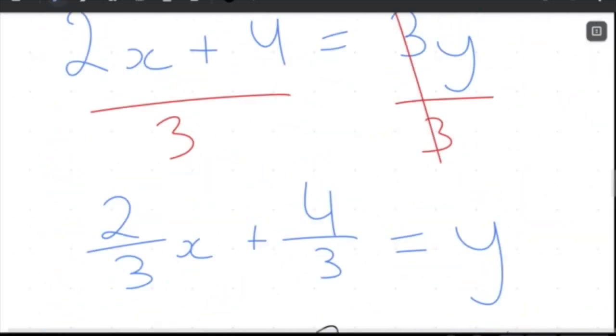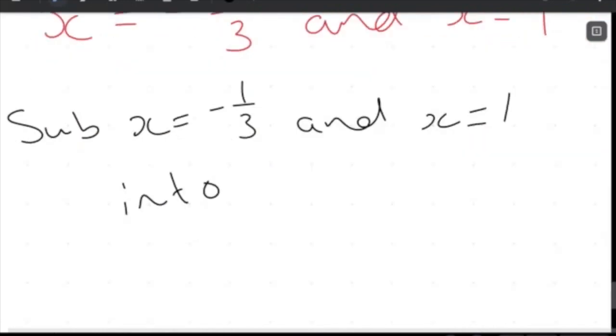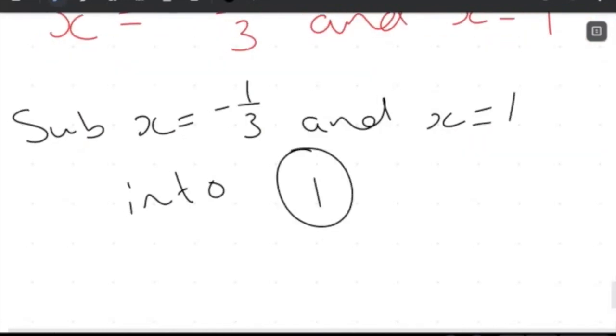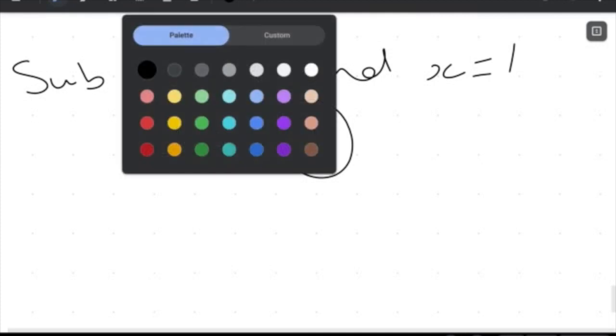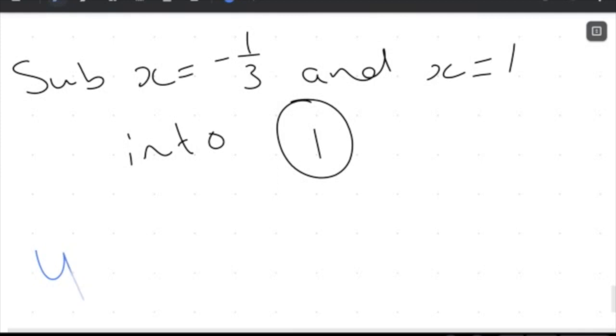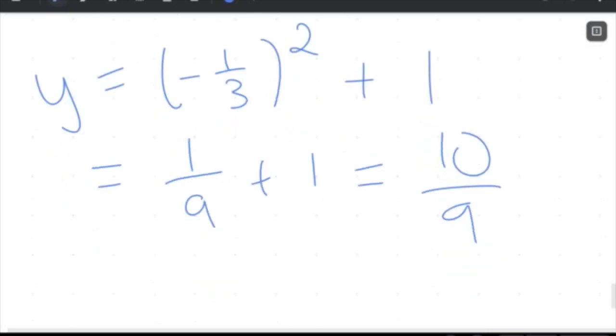So I'm going to sub these into equation 1. And that's going to give me my y coordinate of this point of intersection. So I have y equals minus 1/3 squared plus 1. And that's going to give us 1 over 9 plus 1, which equals 10 over 9.